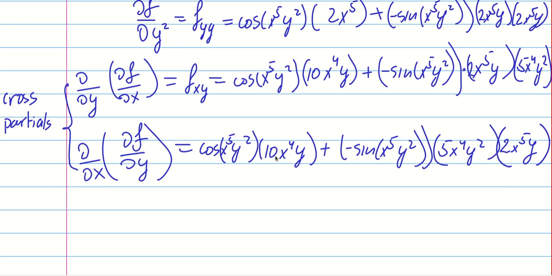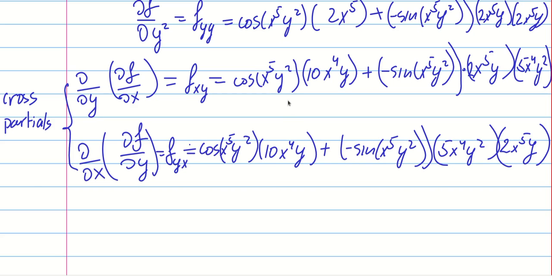And so we calculated the partial in a cross way, right? Oh, I forgot to put a notation here, so I should put it here. This is f sub yx.